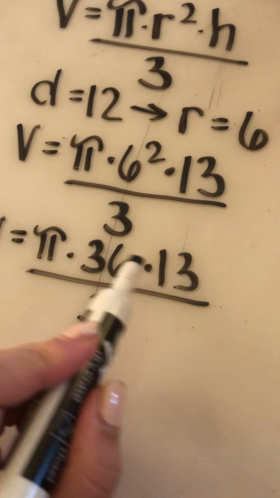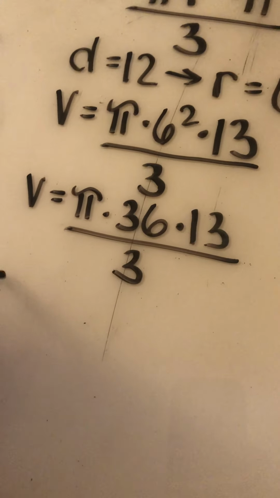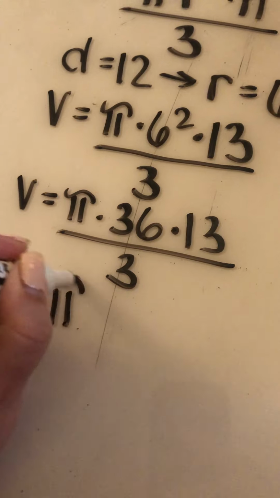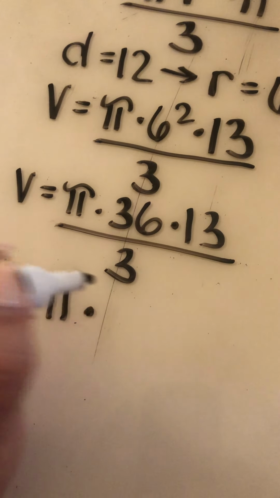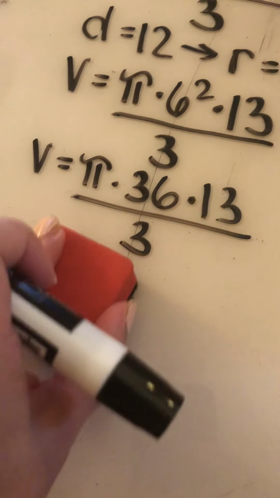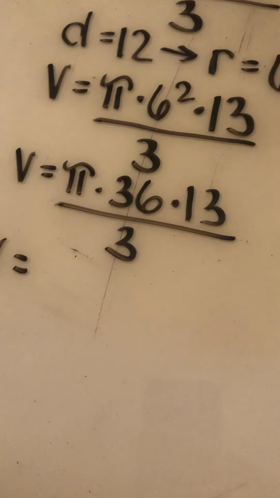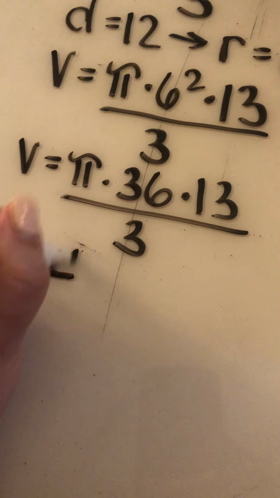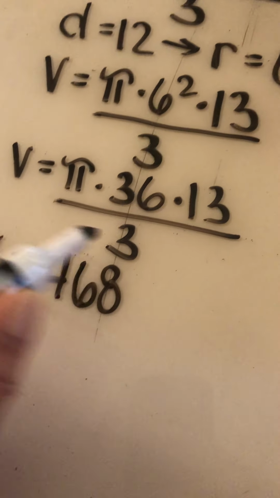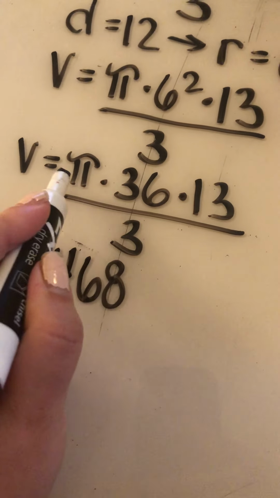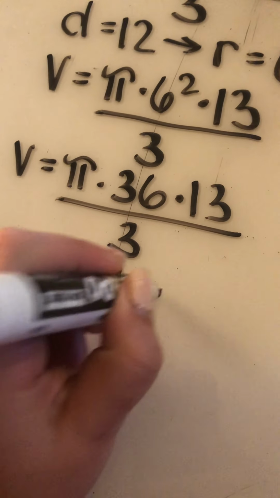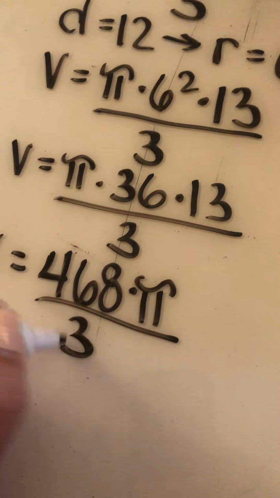We're going to multiply first, 36 times 13. That equals, you know what, I'm going to use the commutative property like I showed you before, just because it just is nicer when it looks that way. 468, that's the product of 36 times 13, and I'm going to put pi on the right side, over 3.